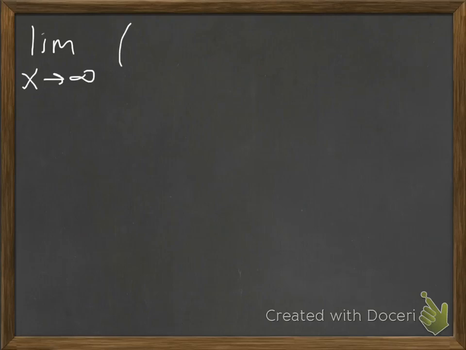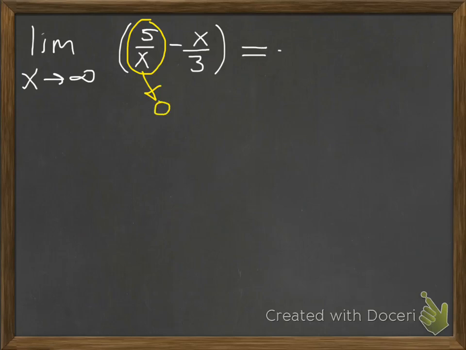So let's do a limit as x approaches infinity of 5 over x minus x over 3. The 5 over x, 5 divided by a billion, really small. It's not contributing much. So as x gets very large, it's essentially 0. It goes to 0. And then x over 3, a million divided by 3 is still a lot. A trillion divided by 3 is still a lot.